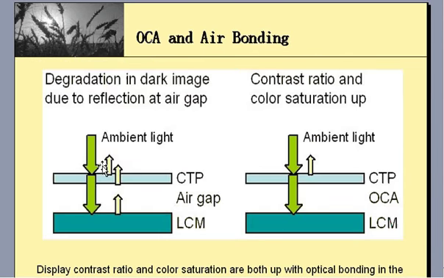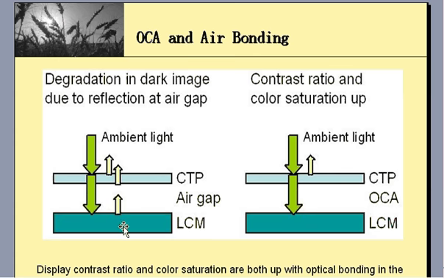Why? That's because of ambient light. If it is air bonding, there are several layers of reflection. If light is transmitted to different substances, there will be reflection. With air bonding, when the light goes from the air to the glass, there is a reflection. From glass to air, a reflection.